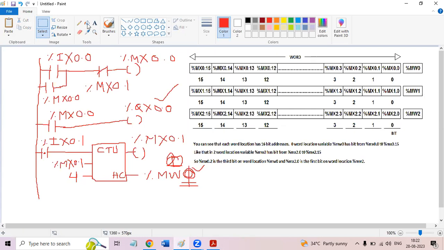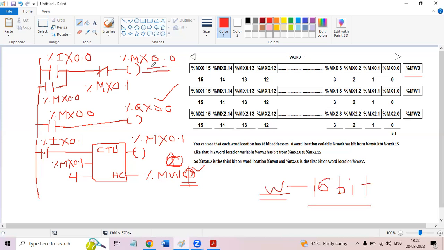Look at the screen, please. I hope it is visible. Here you see, this is percentage MW0. W means a word, correct? Word means 16 bit. And you know that a flag is a bit.